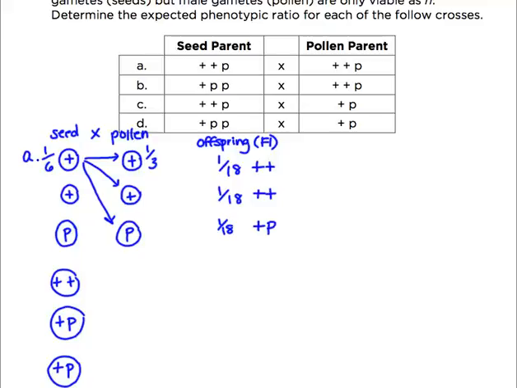Then this plus is a 1/6 of happening, so again you're going to get these 3 offspring again, but because they're including different chromosomes with the same phenotype, remember, but there are different chromosomes, you have to write them again. So 1/18th for each.